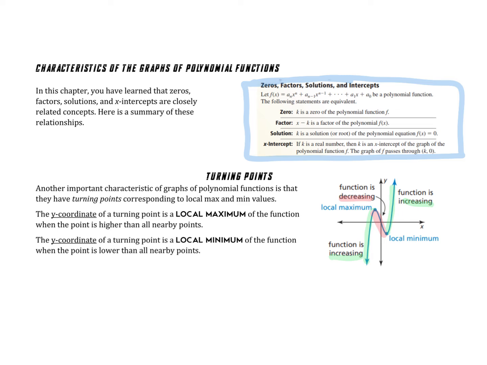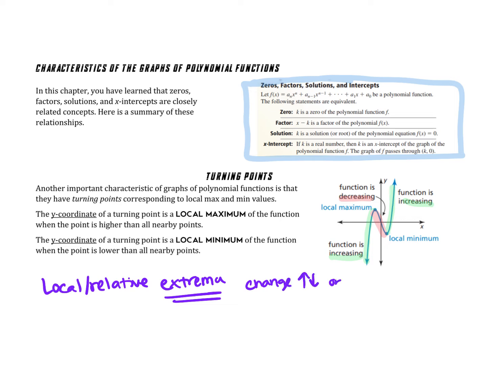The last new thing that we're going to add here is what it's called when we switch from increasing to decreasing. Those are called local or relative extrema. So that's where we change from increasing to decreasing or from decreasing to increasing.